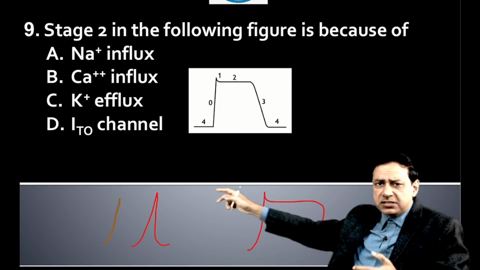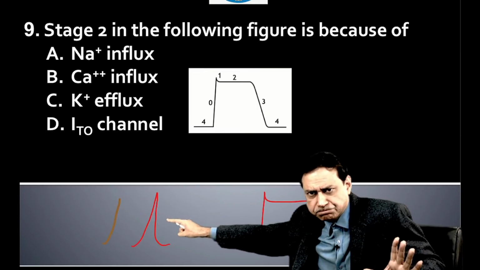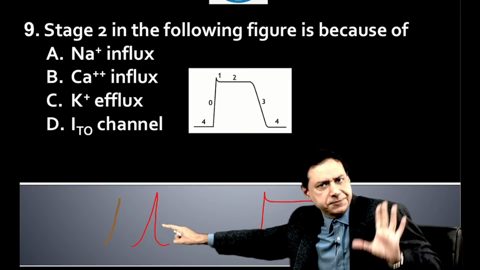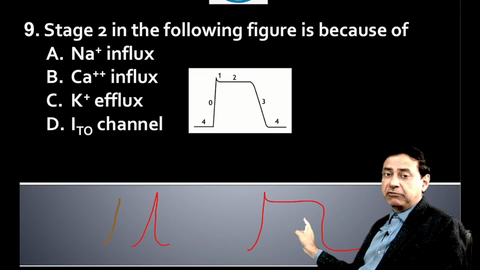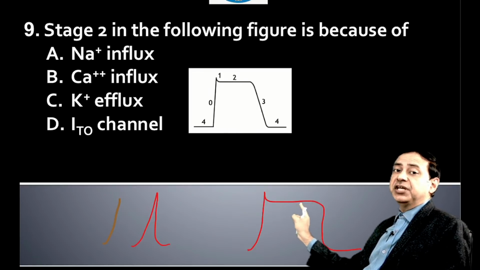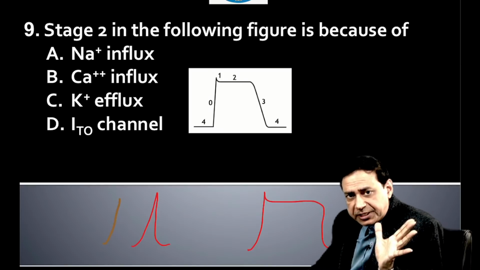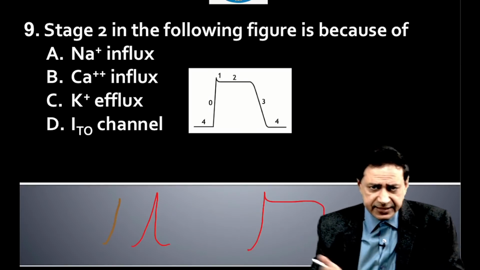In the skeletal muscle or in a nerve fiber, it is something like that. Depolarization, repolarization. But in the heart we have depolarization, repolarization, but we have a plateau also.